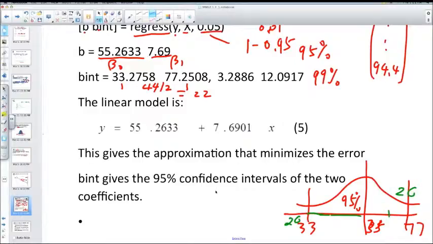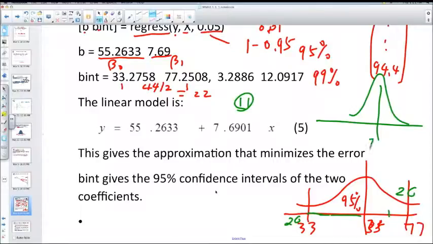Then you can figure out that the standard deviation is around 11. That's the idea. So is the slope. The slope has the average 7.69 and the range from 3.28 to 12. And you can see this is how much it is spread out.